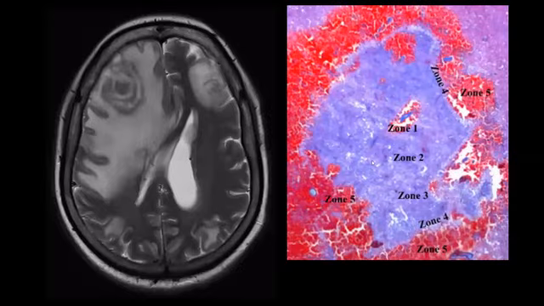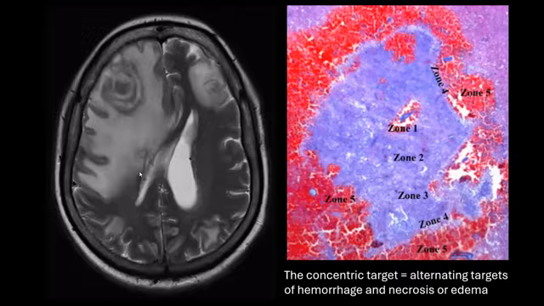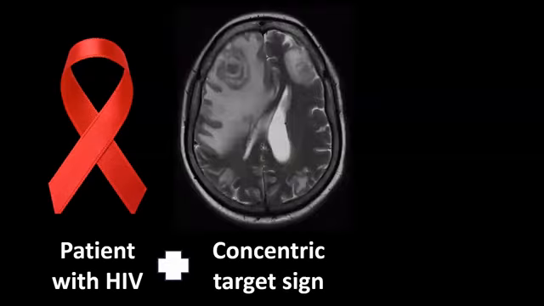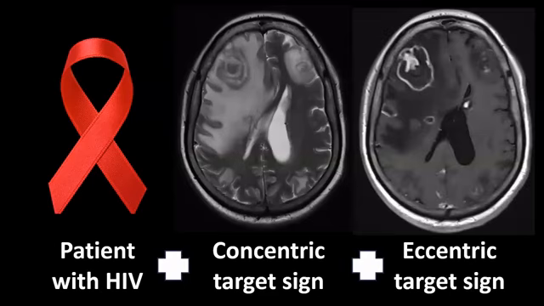This is because pathologically these lesions consist of areas of hemorrhage surrounded by liquefaction and necrosis, and then another area of hemorrhage, and so on. And the end result is the concentric target sign. So alternating areas of hemorrhage and necrosis or edema. So all in all, if you have a patient with HIV, a concentric target sign, and an eccentric target sign, all in the same patient, think cerebral toxoplasmosis.